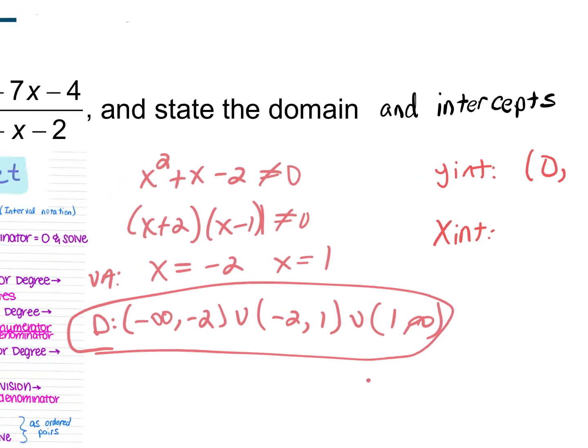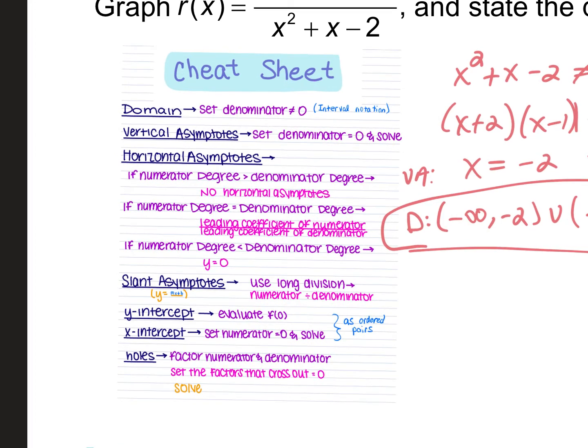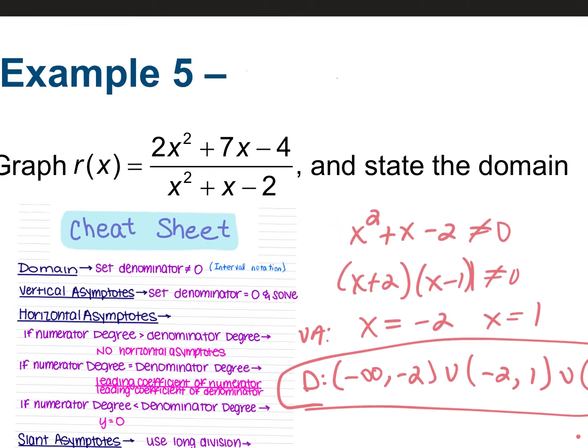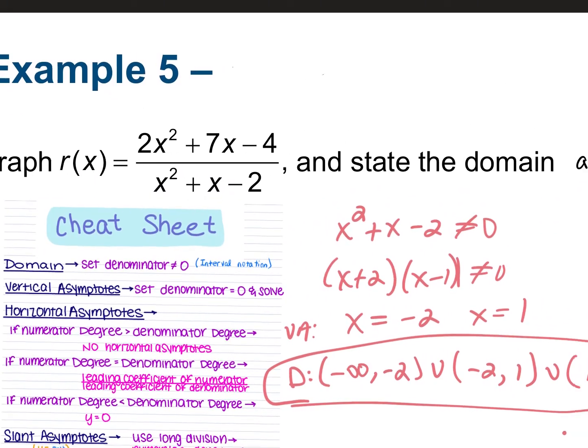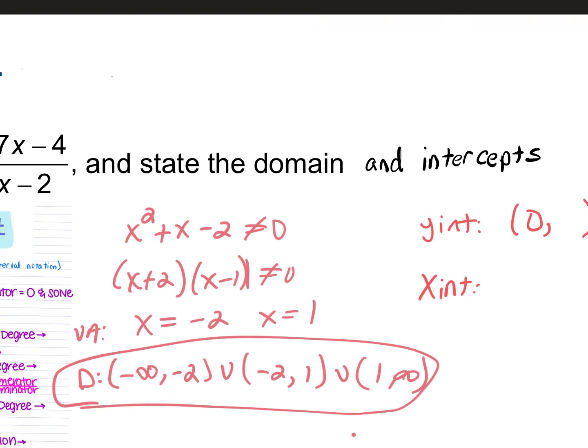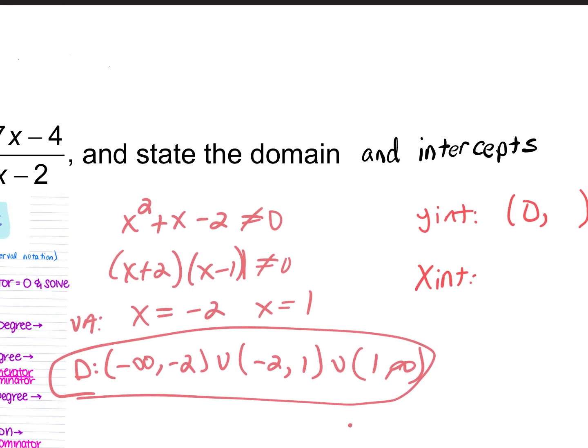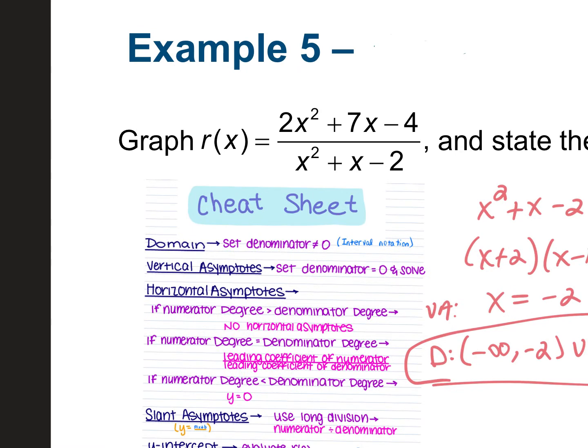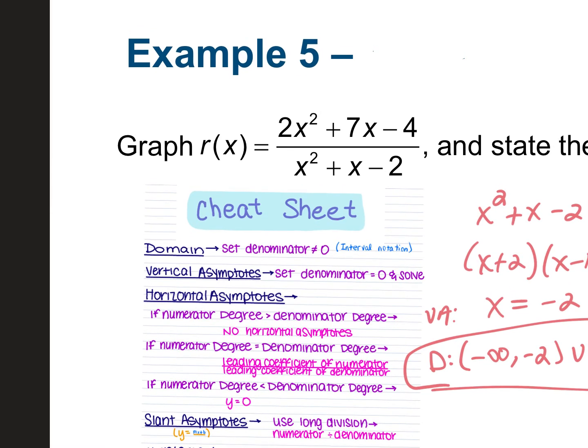How do you find the y-intercept? Plug in 0 for x. So watch. Some of you are thinking, oh my gosh, so much work. If I plug in 0 right here, what happens?